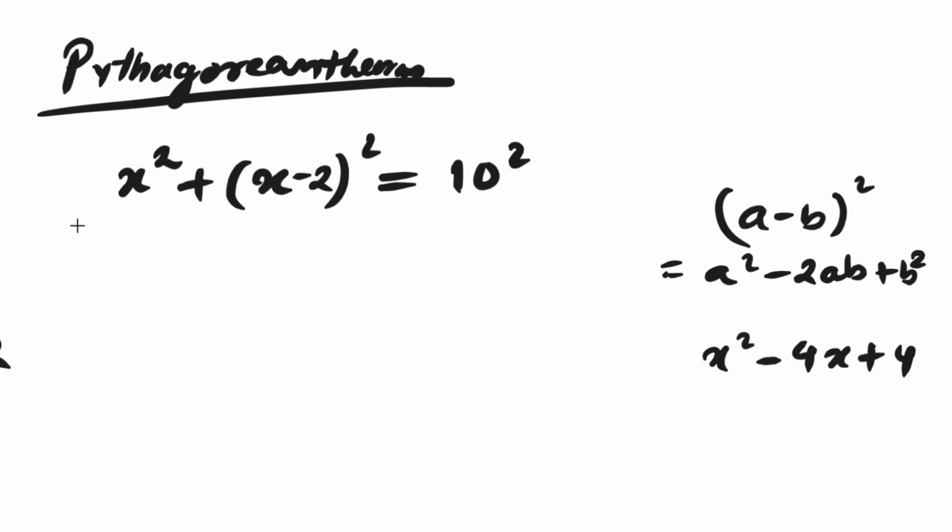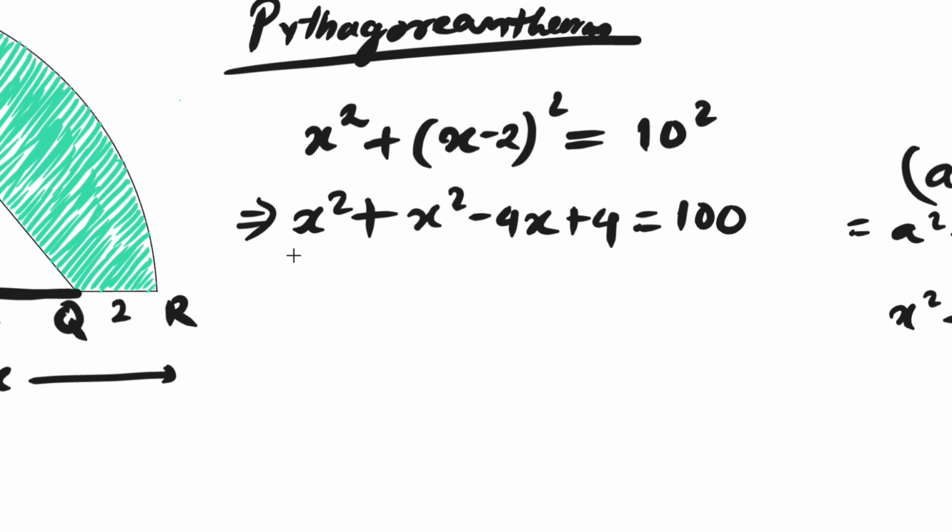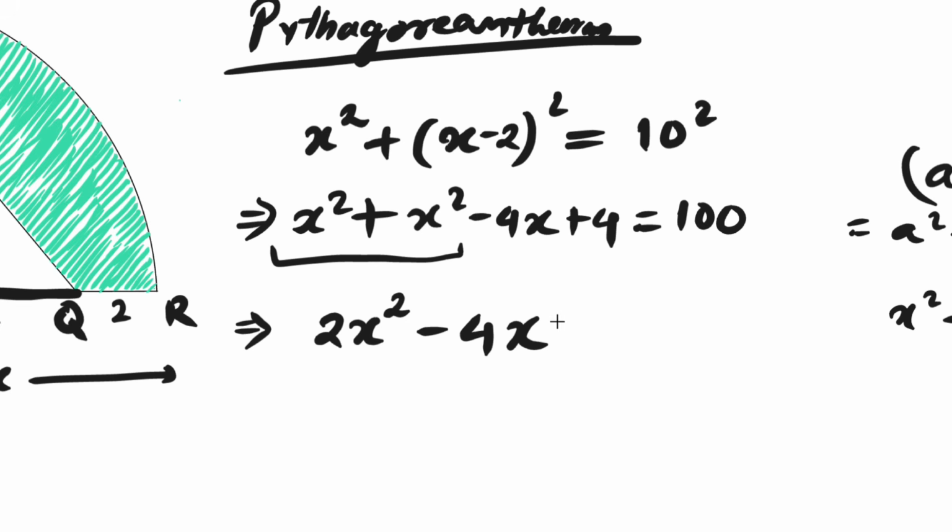Substituting that back into our equation gives x squared minus 4x plus 4 equals 100. Now combine the like terms. x squared plus x squared becomes 2x squared. So we have 2x squared minus 4x plus 4 equals 100.